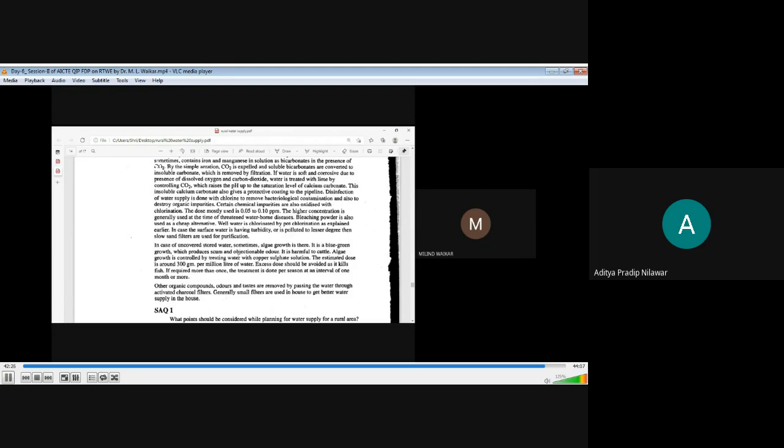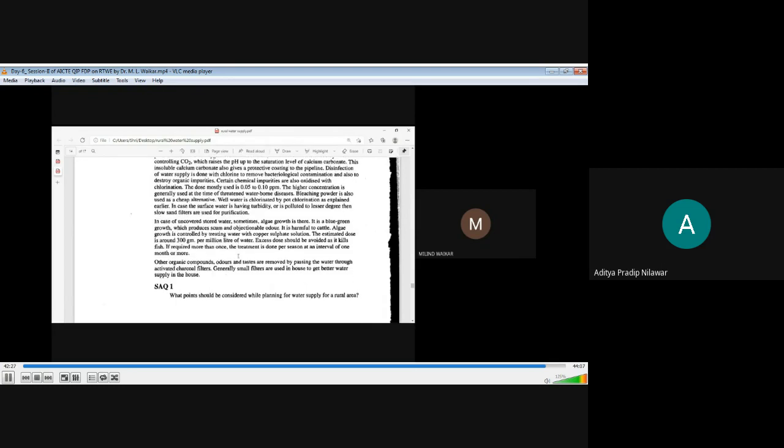So friends, in this lecture, I have explained only the simple rural water supply system. Mostly it is a conjunctive type of system. If the cattle are to be given water, then we prefer a surface source, and for household drinking, we prefer a well-based water supply system.